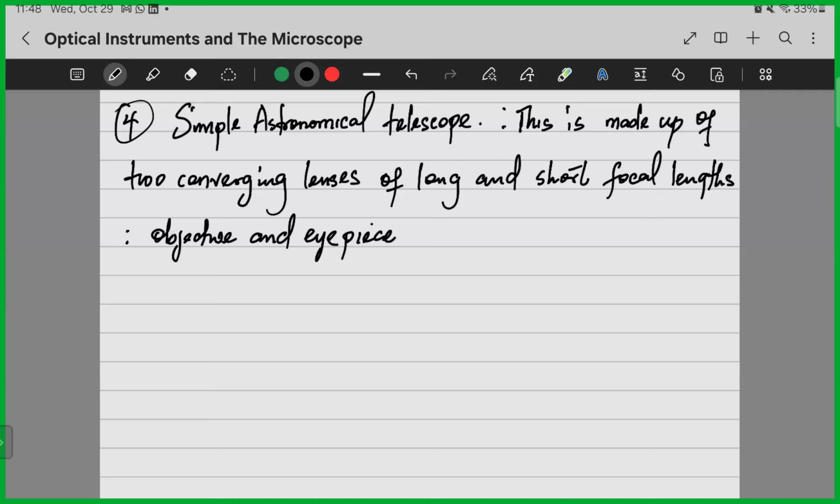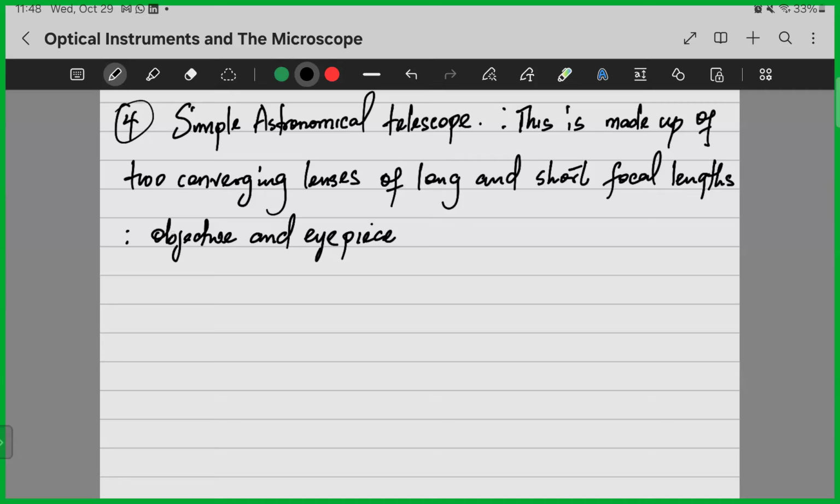The astronomical telescope cannot be used, or let's put it this way, it is used for heavenly bodies, e.g. stars, the moon, etc.